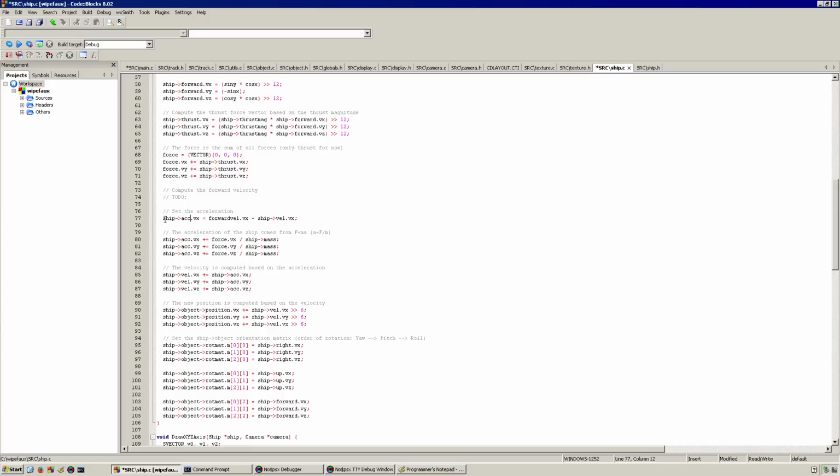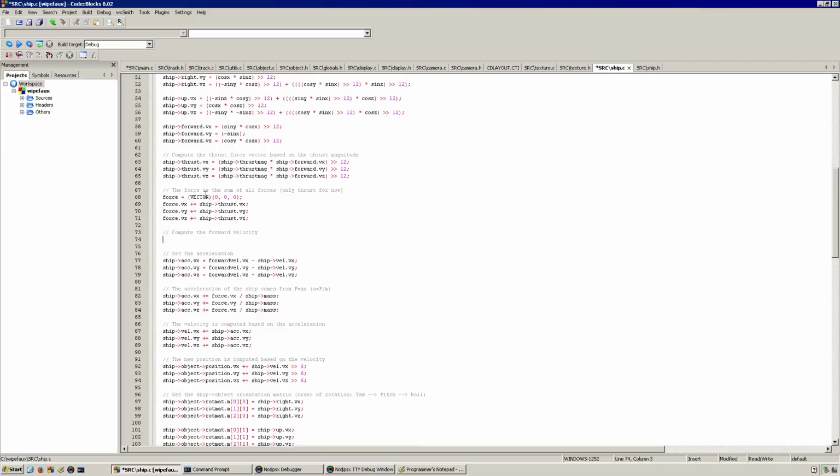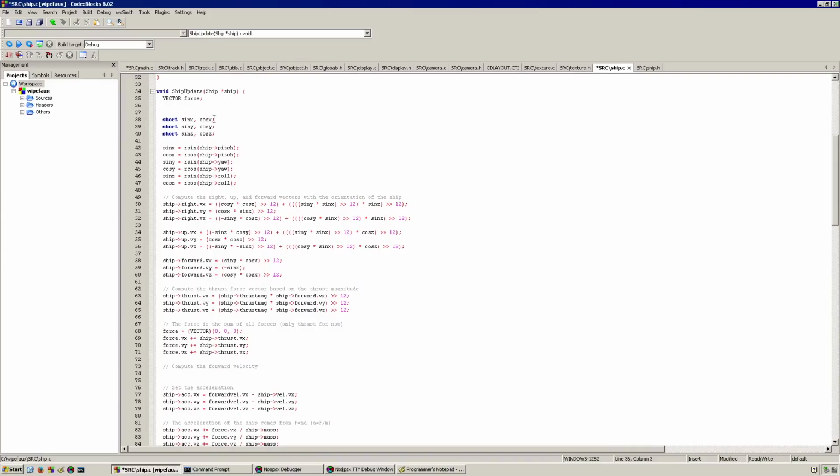And of course, this has to be for all the components, y and z. Because for this subtraction, what I need to compute is something called, let's declare here, a forward velocity vector.